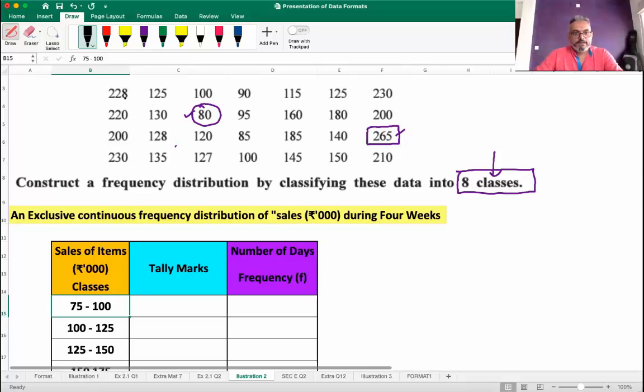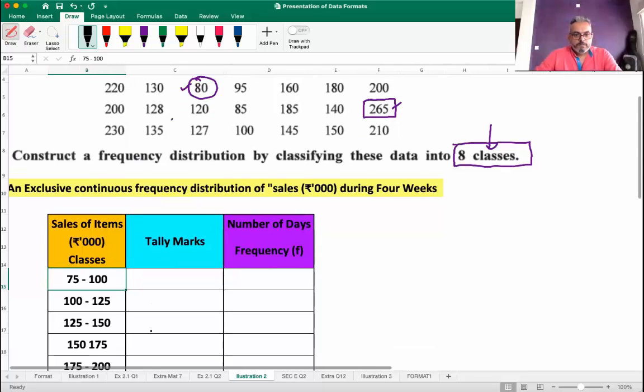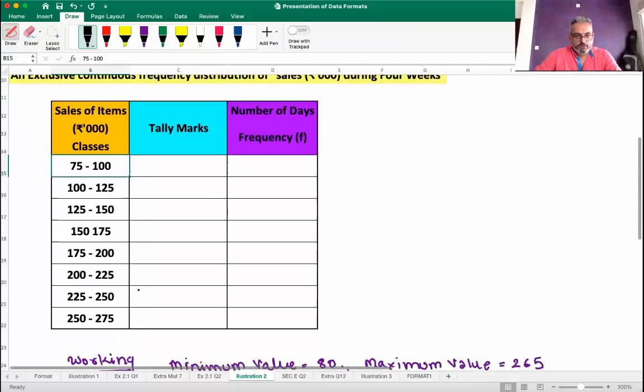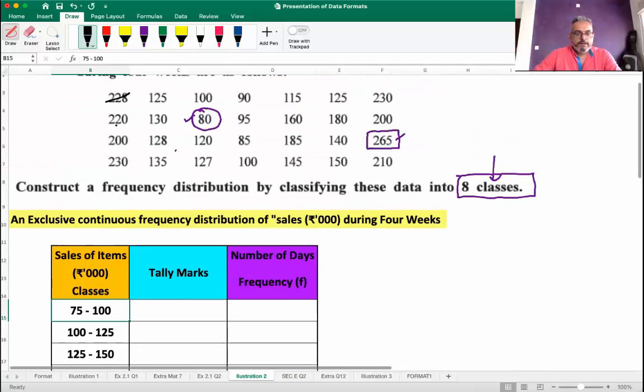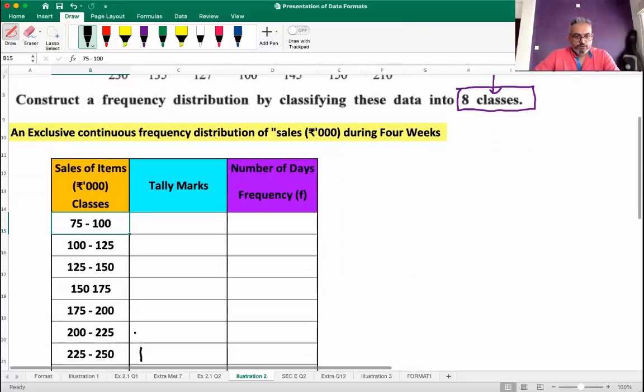So we start with 228. Let me check 228. So 225 to 250. Then 220. You can go vertical, you can go horizontal, as you are comfortable. 220, so 200 to 225.